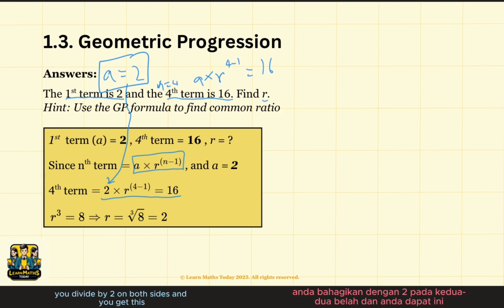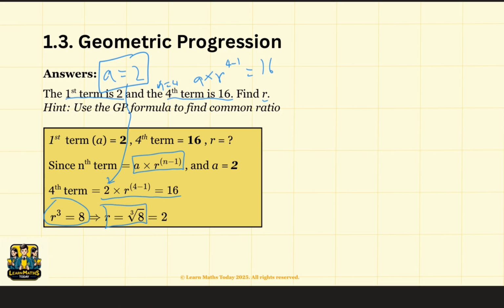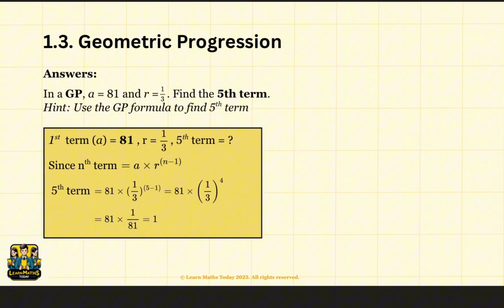You divide by 2 on both sides and you get this. Now you cube root both sides to get r is equivalent to 2. Simple as that, since you know 8 is 2 to the power of 3, which gives you this. Easy math.